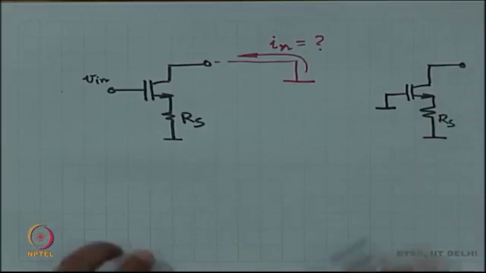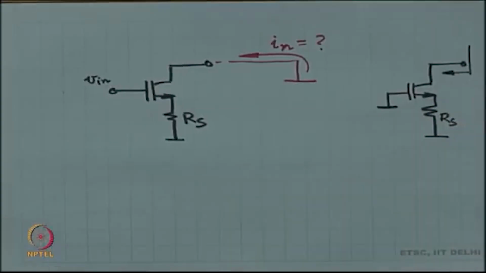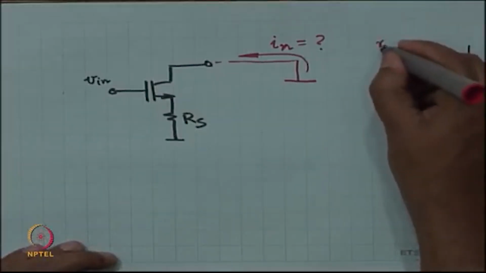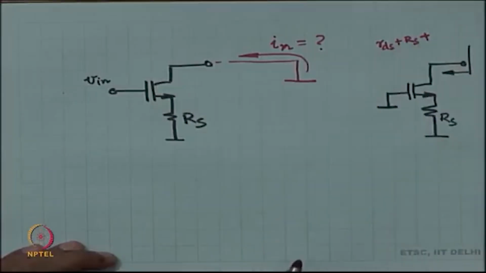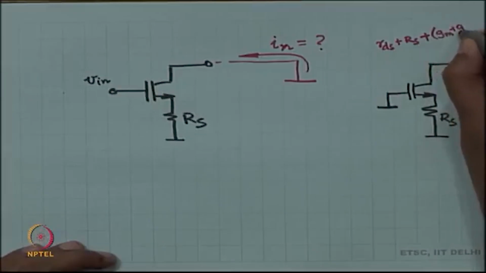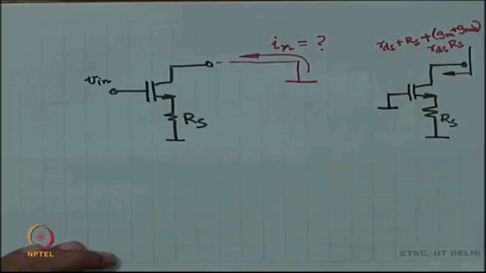This we have just done. What is this output impedance? We have just done it. You remember: RDS plus RS plus (GM plus GMB) times RDS times RS.